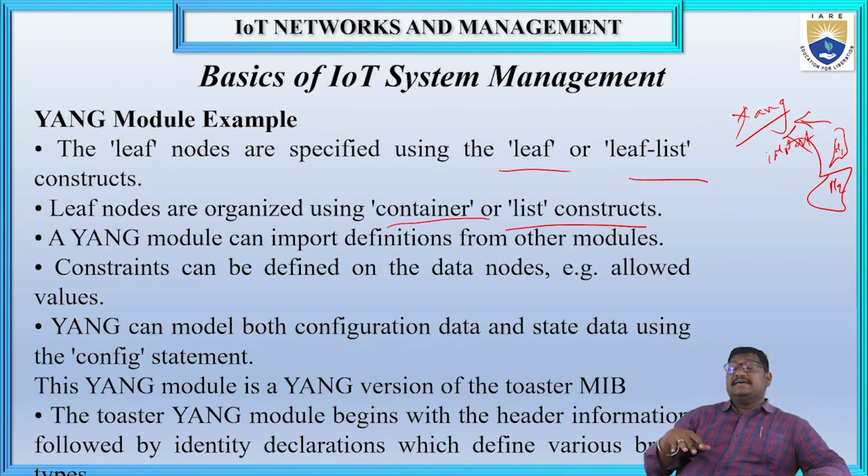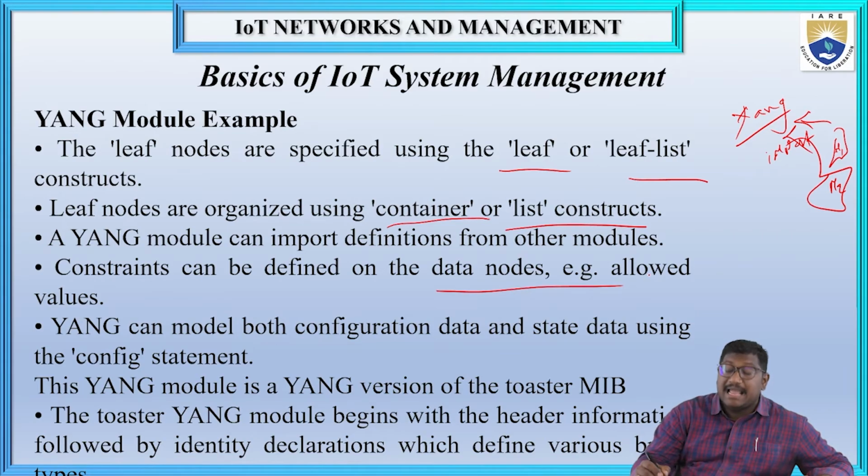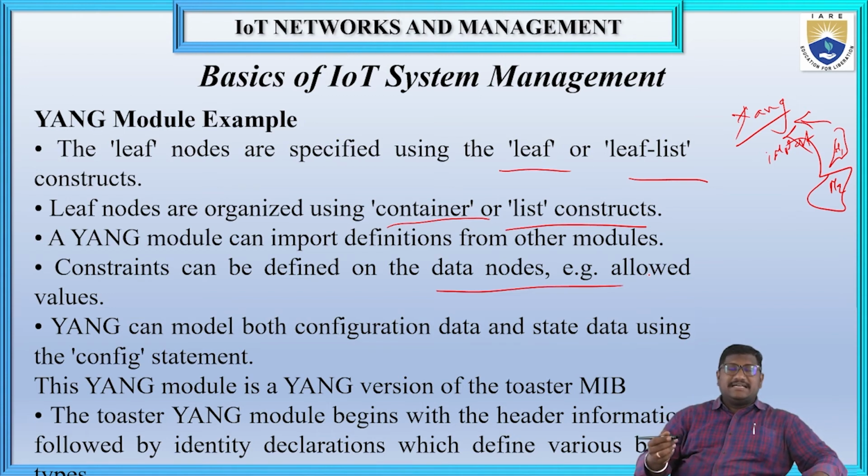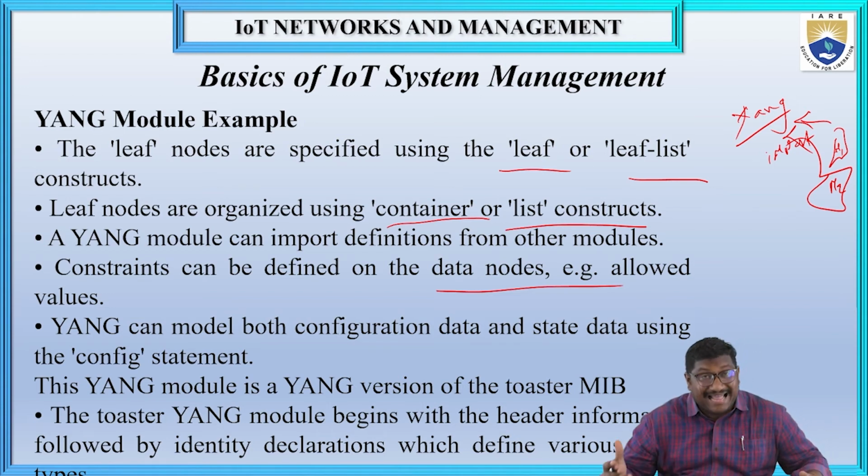And along with that, why? Because it is a data definition language and it is capable of including the other modules' information also. And here we have certain constraints which are defined for data nodes. Example, allowed values. So constraint means allowed values in a YANG model.